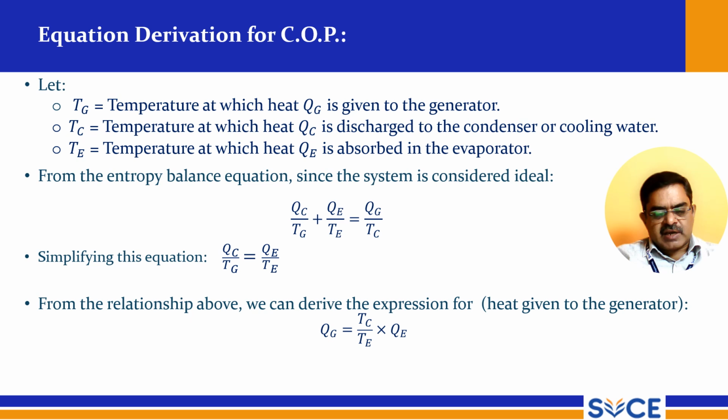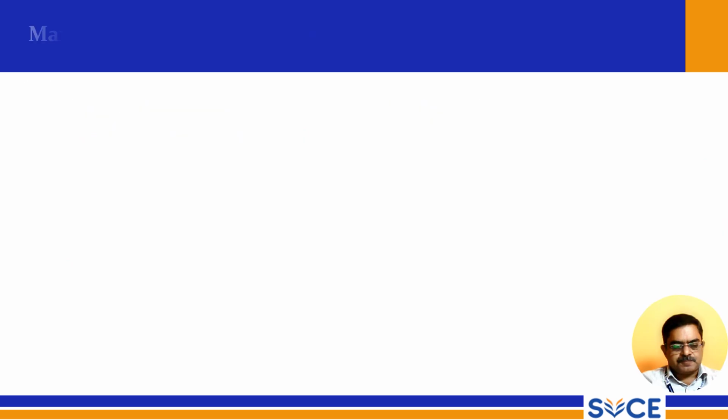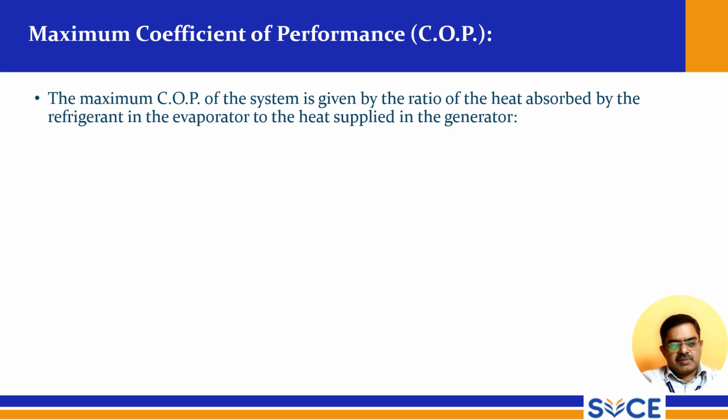So Qg can be calculated as Tg by Te into Qe. So the maximum coefficient of performance of the system is given by the ratio of heat absorbed by the refrigerant in the evaporator to the heat supplied in the generator.